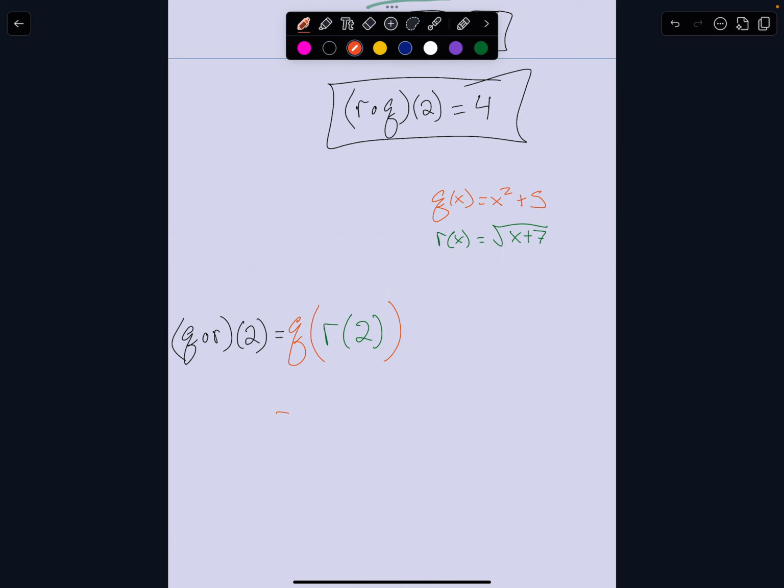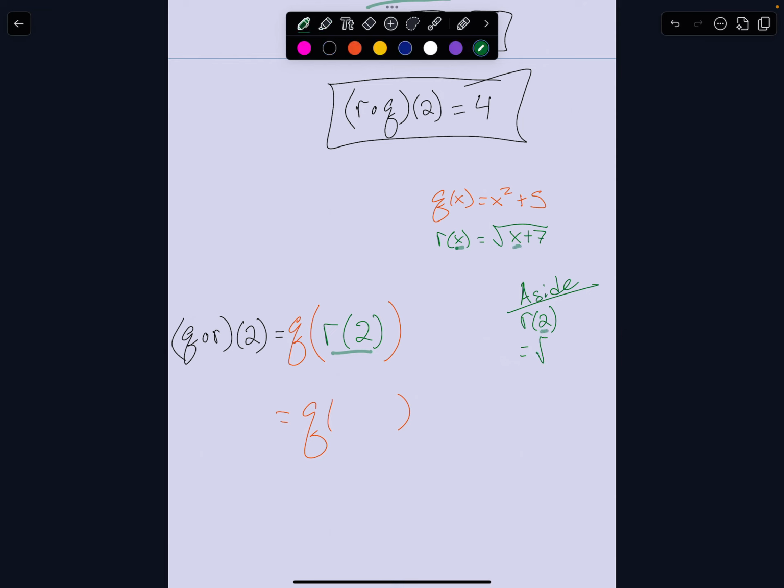So this is really q of whatever r of 2 is. So again, I can say, hey, you know what? Aside, what is r of 2? Well, r of 2 is take that x and replace it with a 2, right?